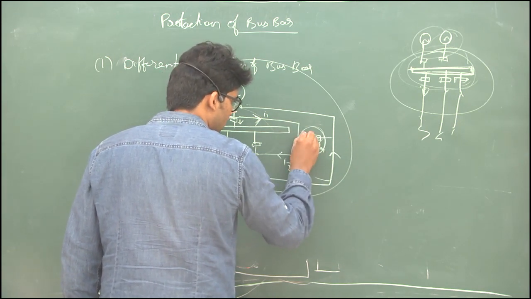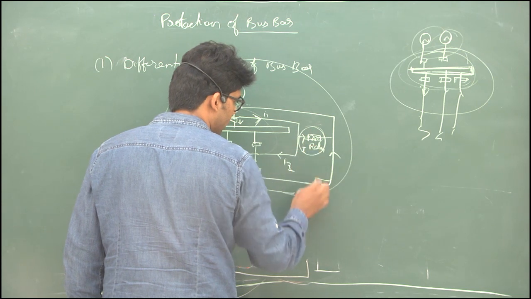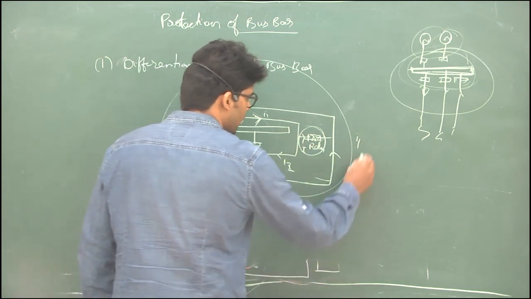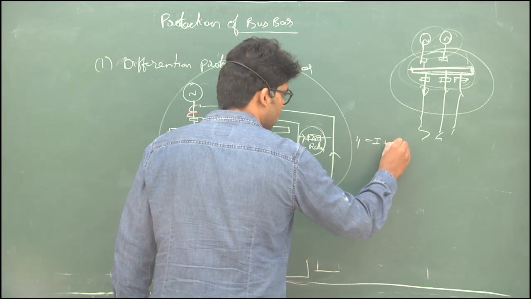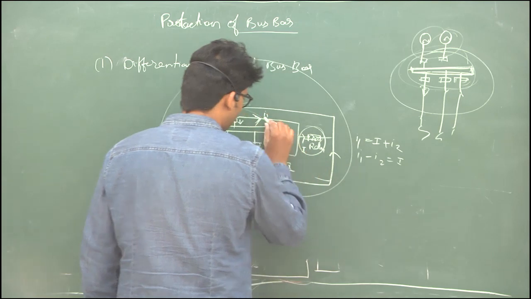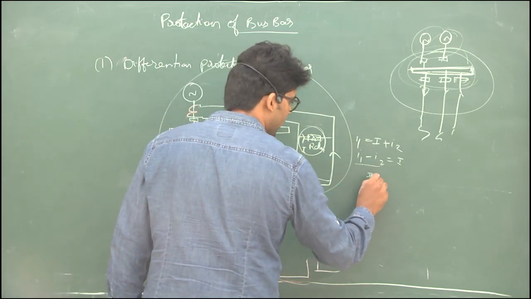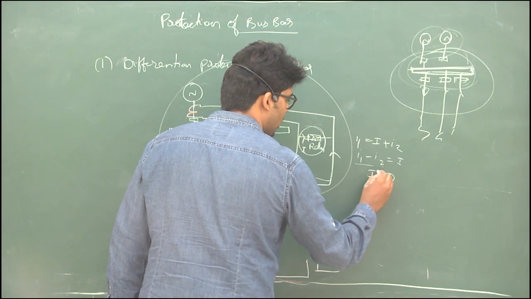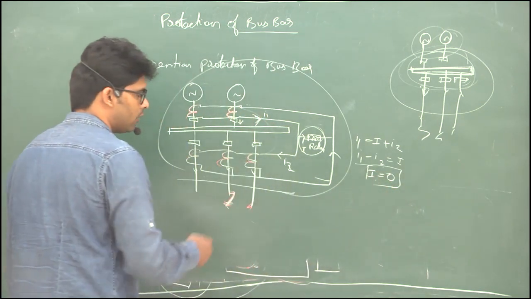According to KCL, if we take the current I entering here, I1 equals I plus I2. So I1 minus I2 equals I. Since I1 is equal to I2, the current I entering equals 0. That means the relay will not operate for this external fault.